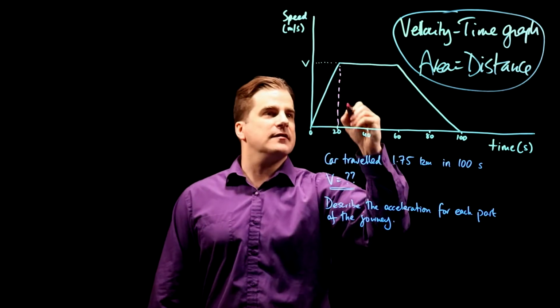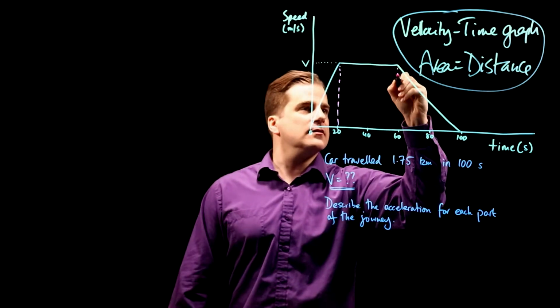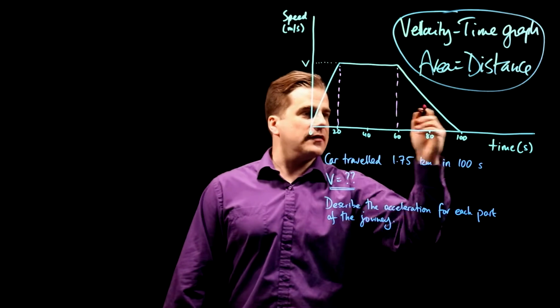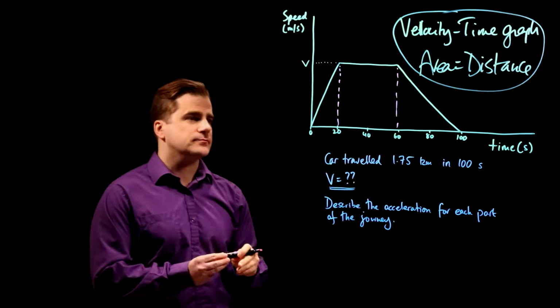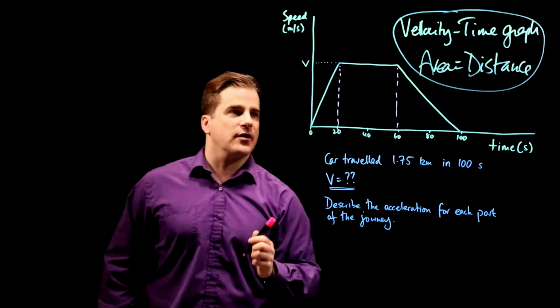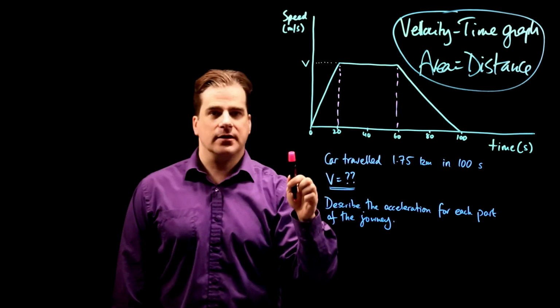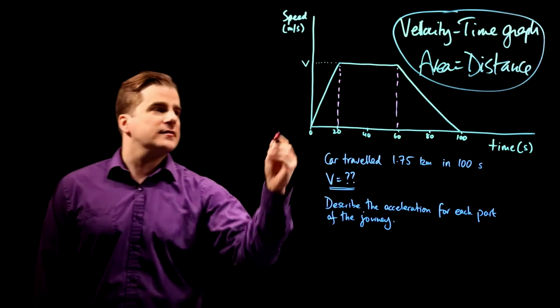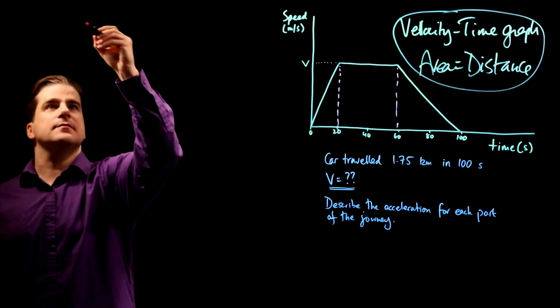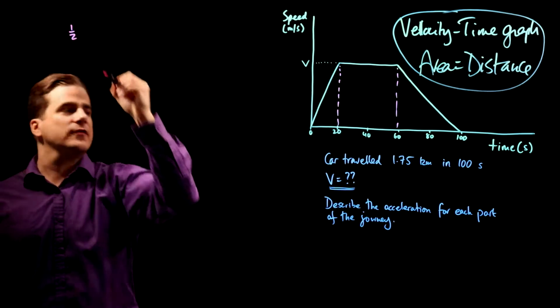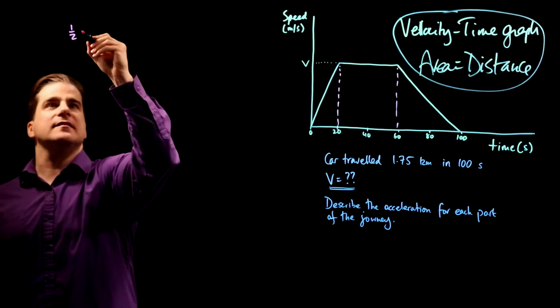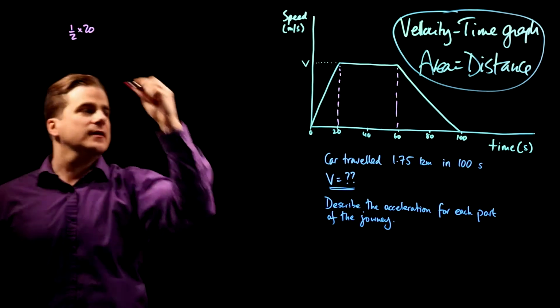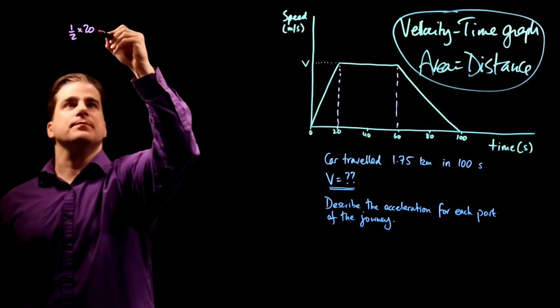Let's split it up into that triangle, that rectangle, and that triangle. Okay, so what's the area of this triangle? Well, area of a triangle is half base times height. So area of this triangle is a half times the base, that's 20 seconds, times the height, which is v.